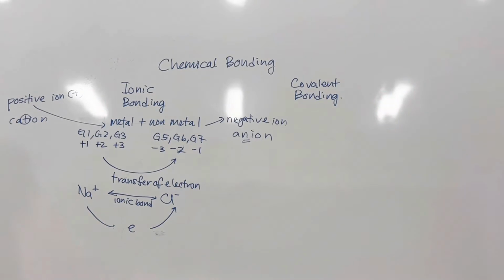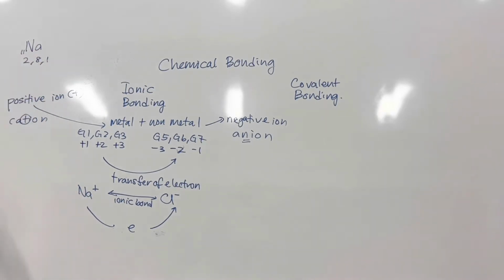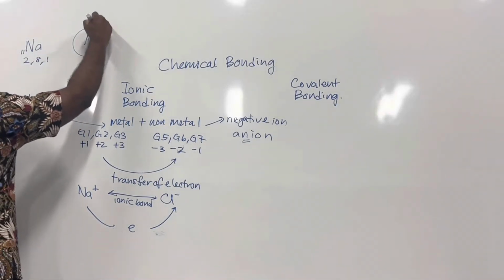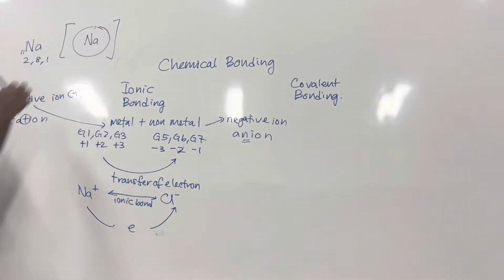And you are going to have this ionic bond. Generally, we have learned, if I want to show, for example, Na, just the outermost electron shell, we know that this is 11, so it's 2, 8, 1. The last electron is 1, so you can draw that the last electron is going to go out, so this one no more.